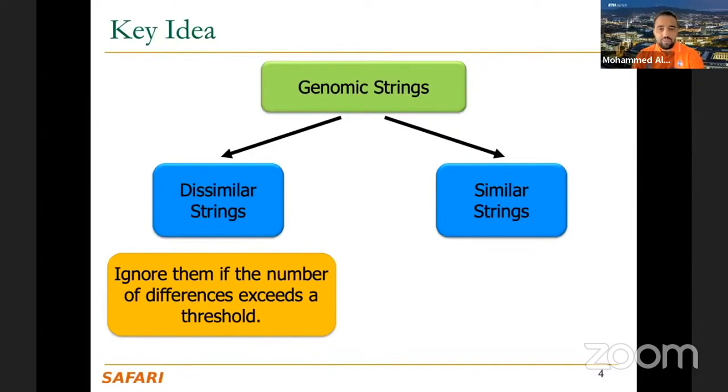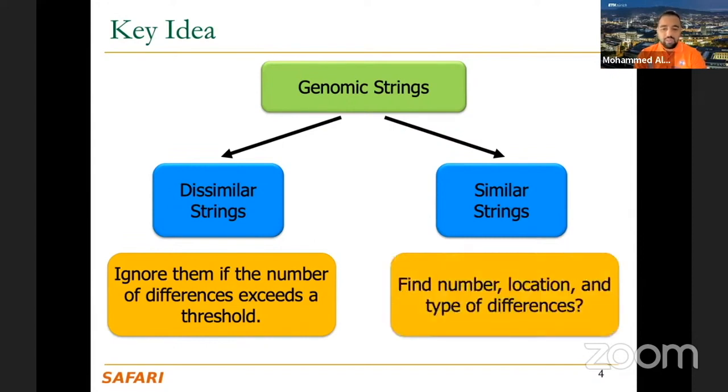As we said multiple times, if your edit distance threshold is 5, and the number of edits between any 2 sequences is 6 or 7, then that is what we call a dissimilar sequence. And in this case, we really don't care about the type or the location of these edits, whether they are substitutions, deletions, or insertions. We just ignore them.